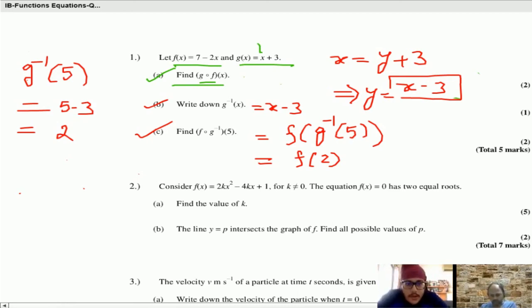So 7 minus 2 times 2. So 7 minus 4, which is 3. Does it make sense? Yes, sir. So this is going to be the answer. It's clear, Manu?